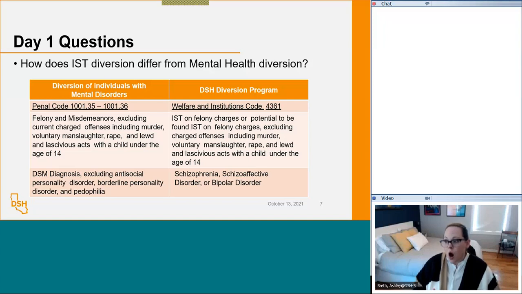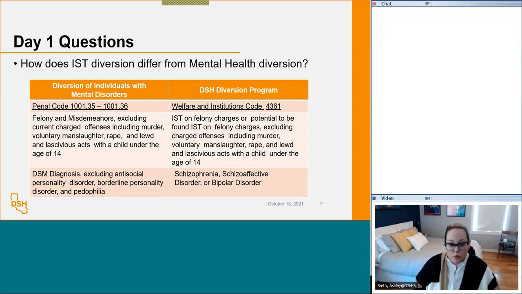So our funding only supports, first of all, defendants who have a felony charge. They must have a felony charge. That is number one. Number two, they have to have one of 3 diagnoses: schizophrenia, schizoaffective disorder, or bipolar disorder. For our program, those are the 3 that are acceptable.